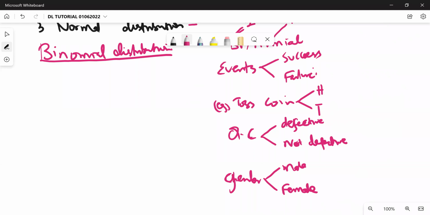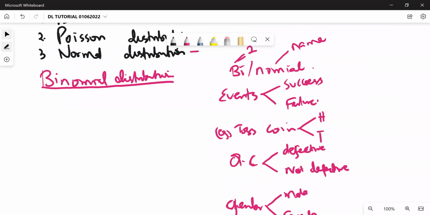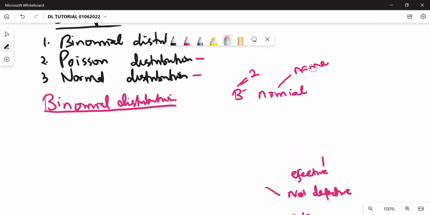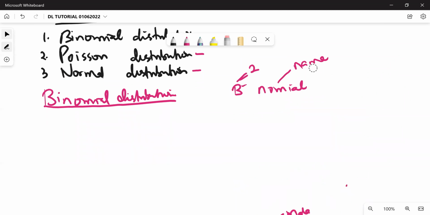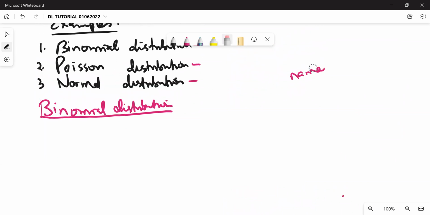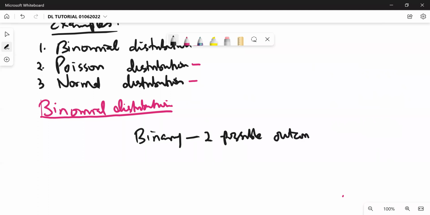When you sit for an exam, you either pass or you fail. So those are scenarios which are binary. Basically, when we talk about binomial distribution, we are talking about binary scenarios, meaning with two possible outcomes, like the ones that I've given there.